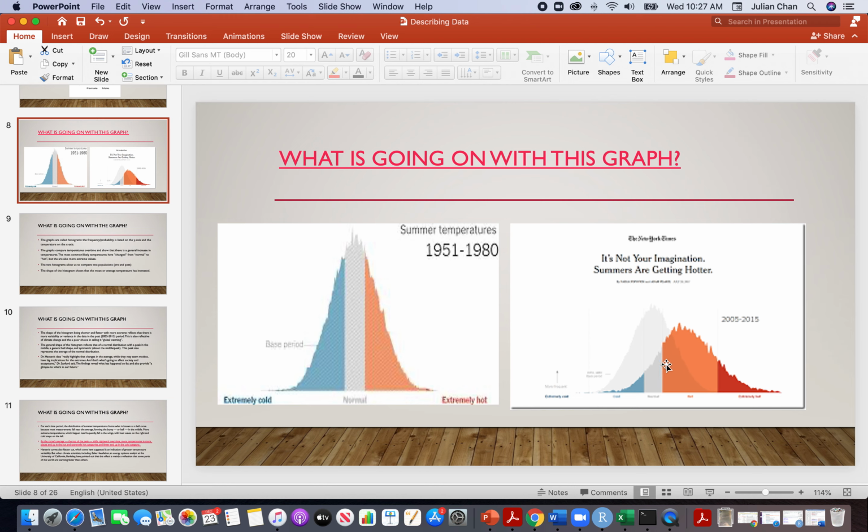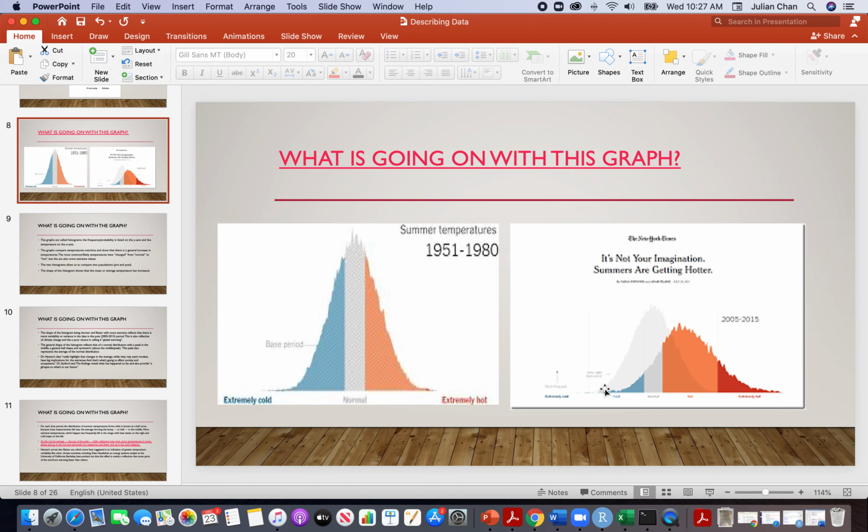And you can see that as time goes on, from 2005 to 2015, this histogram has shifted. The average value has moved to the right, indicating that temperatures have gotten warmer over time, okay? The average, which occurs at the peak, roughly in this range, is now in this hot category, and sometimes reaching the extremely hot is much more likely than in this graph from 1951 to 1980.